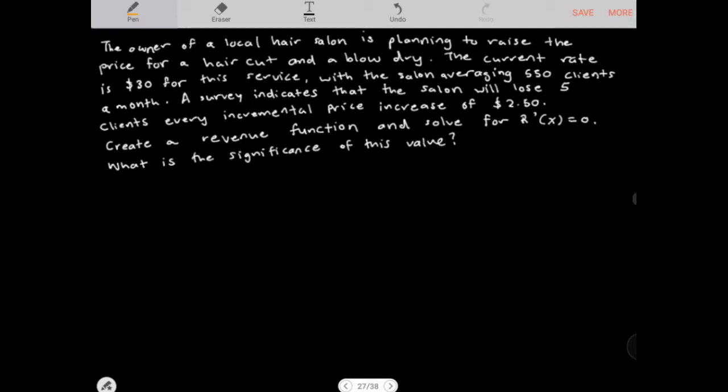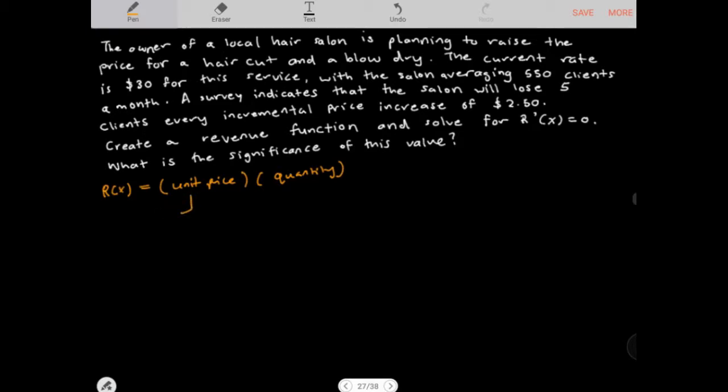Okay, so when we're looking at revenue, we need to first define what revenue is. The revenue function R of x is going to be equal to the unit price times the quantity function. Now the unit price can also be considered the demand function, right?